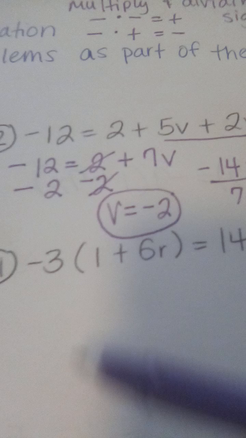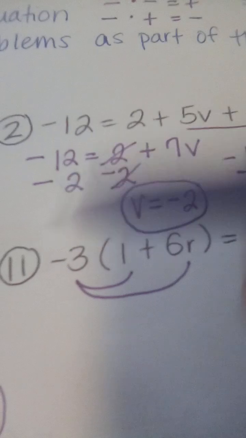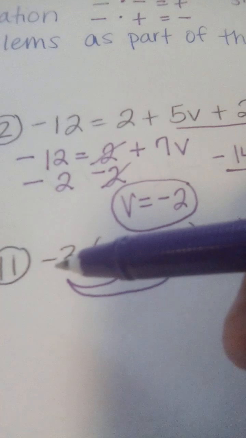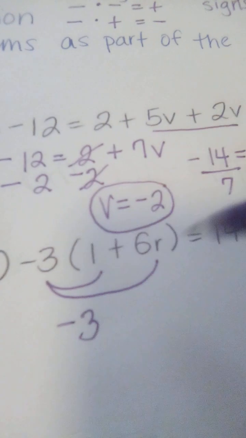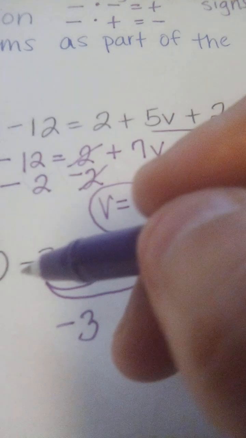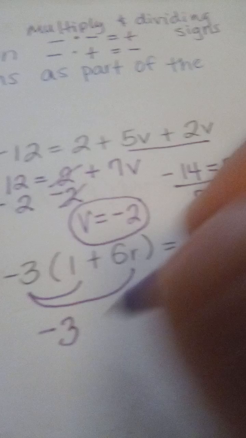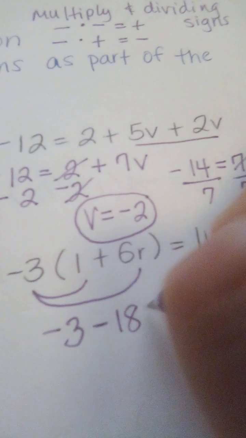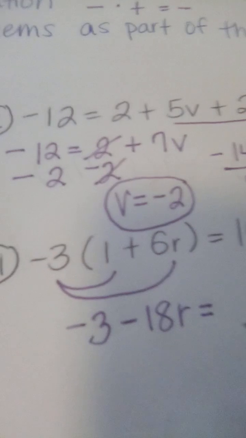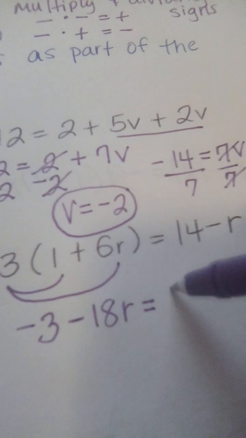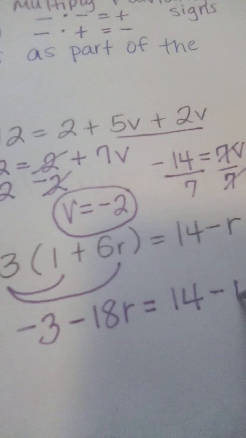What do we do in this part? We distribute, right? Distribute the two numbers right here. We have a negative 3 times 1 that gives us a negative 3. We have a negative 3 plus, negative 3 times 6 that gives us negative 18r. We clean that up a little bit. 14. We put 14 minus r.